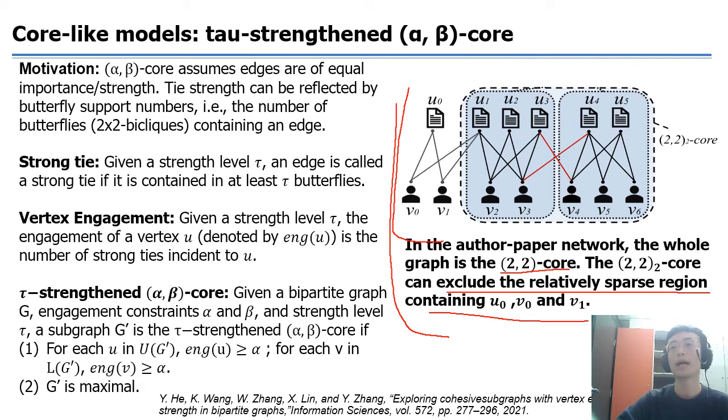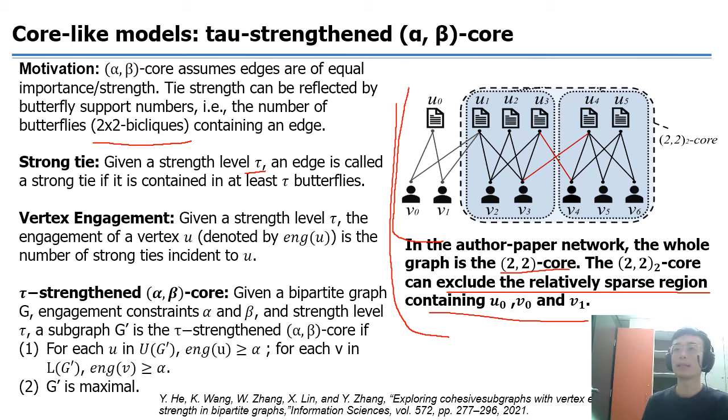A butterfly is a 2 times 2 biclique on bipartite graphs, and the butterfly support number is the number of butterflies containing an edge. By using such concepts, we can define the strong tie given a strength level tau.